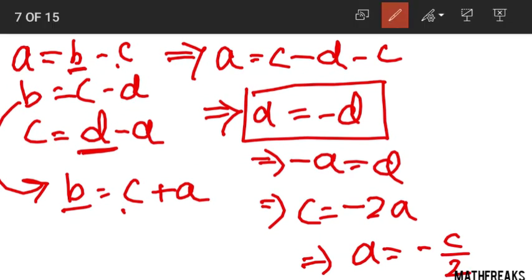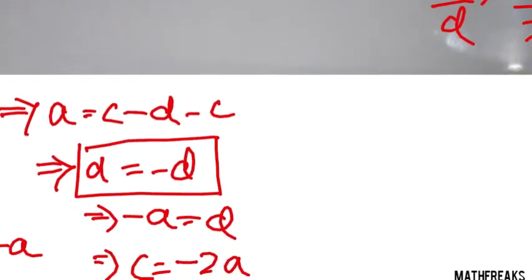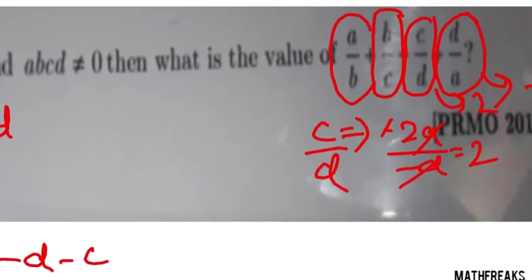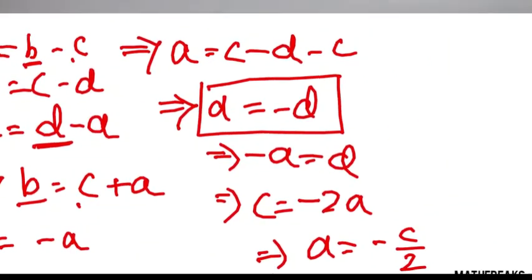So c is equal to minus 2a, right? So b is equal to minus a. If we substitute the value of c, a upon b comes out to be minus 1. Now b upon c is also simple.